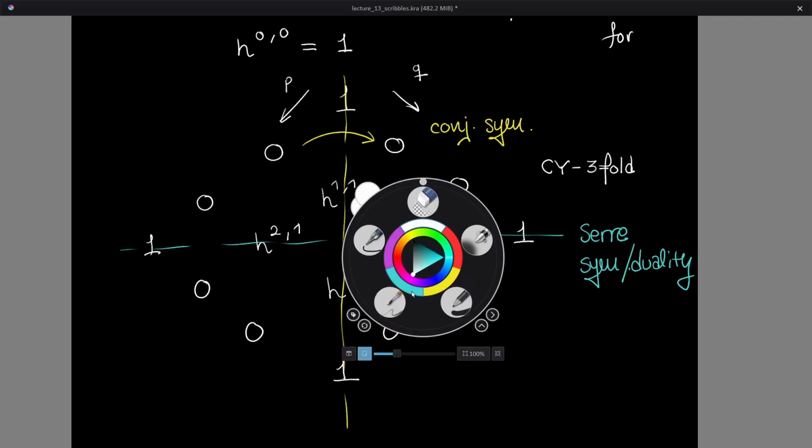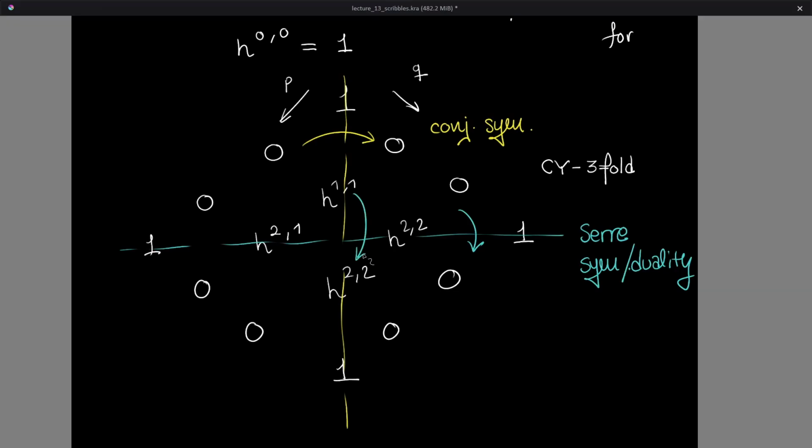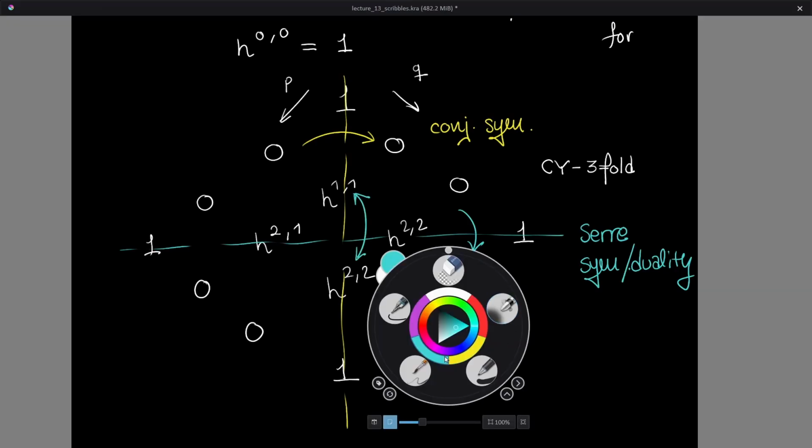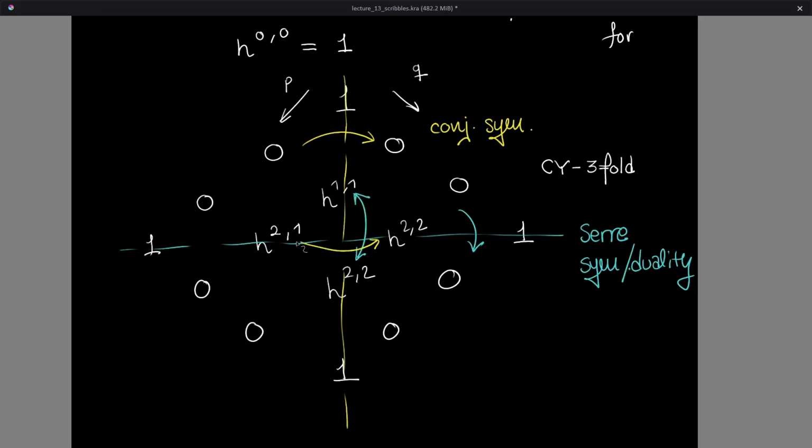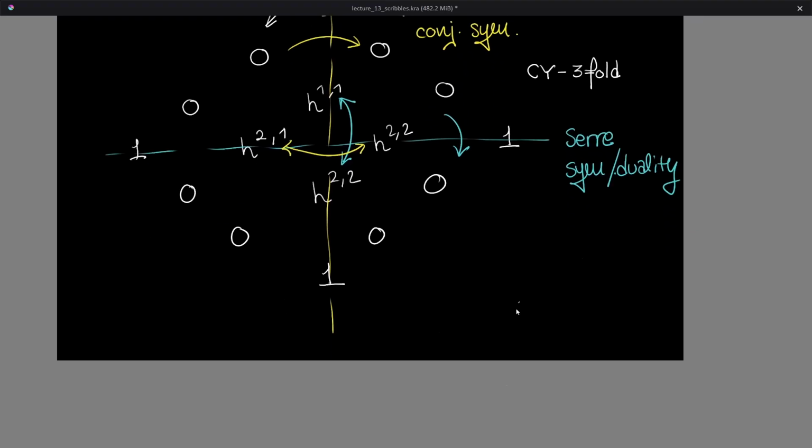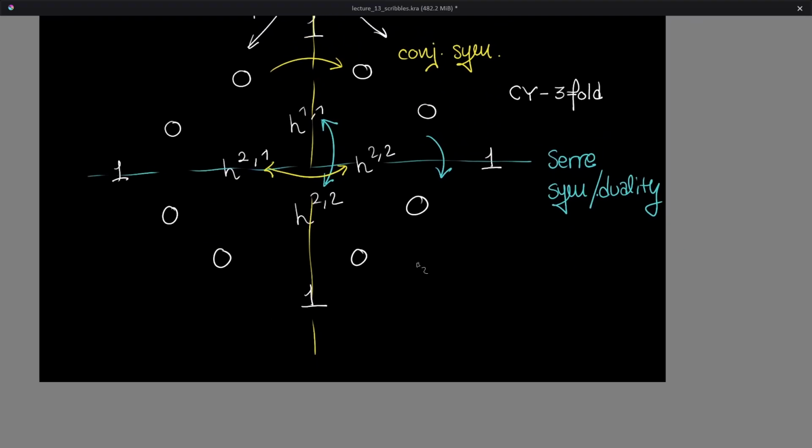So these two have to be linked by Serre duality, and these two have to be linked by conjugate symmetry. So in fact, a Calabi-Yau threefold only has 2 independent Hodge numbers, H^{1,1} and H^{2,1}. H^{1,1} is equal to H^{2,2}, and H^{2,1} is equal to H^{1,2}. So these ones are the ones that in fact enumerate the Kähler moduli.